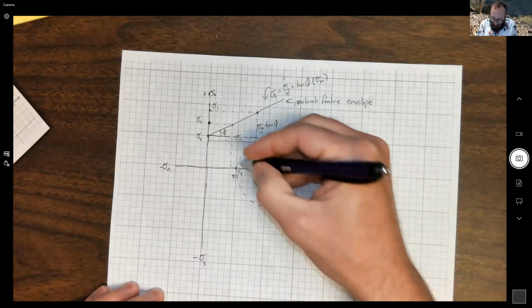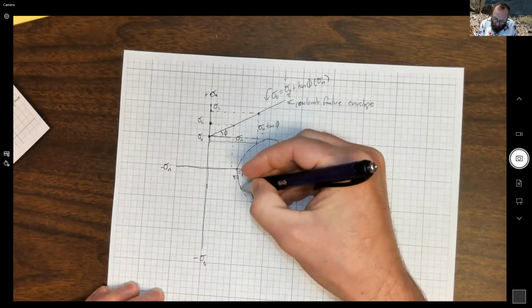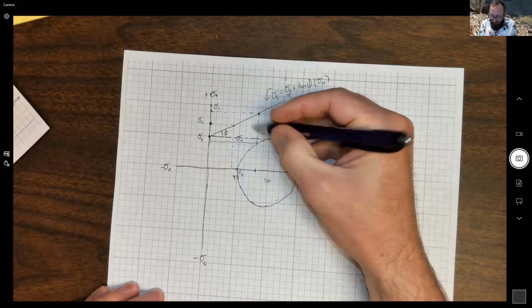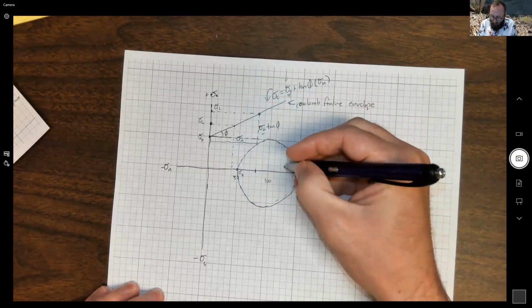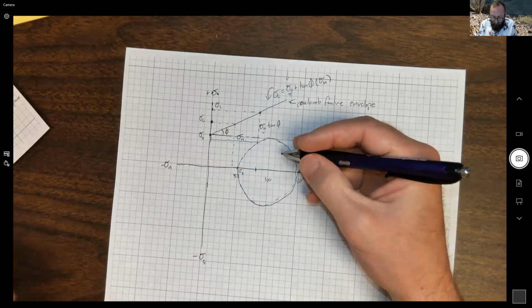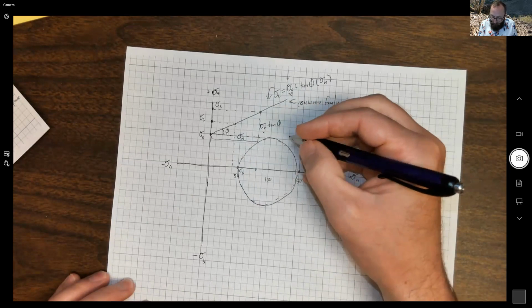And this circle does not come anywhere close to our failure envelope. So there's no orientation of failure plane that's going to form and failure is not going to occur. We're just not close enough to this failure envelope.